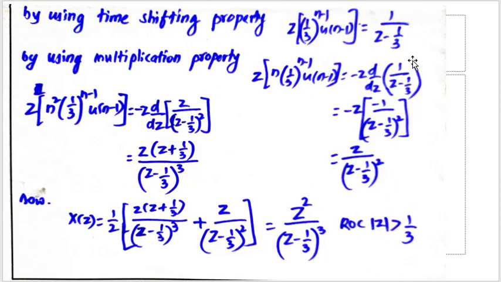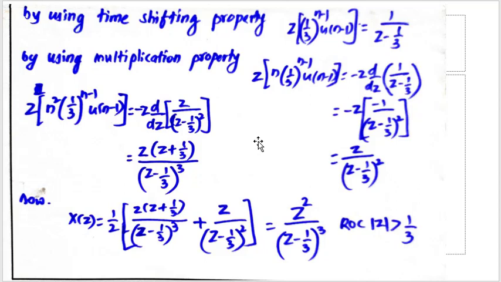Okay, so go back to the properties we discussed in the previous lecture and today's lecture also. They will help you to identify and solve these sequences very easily. And so we got the z transform of this particular term.